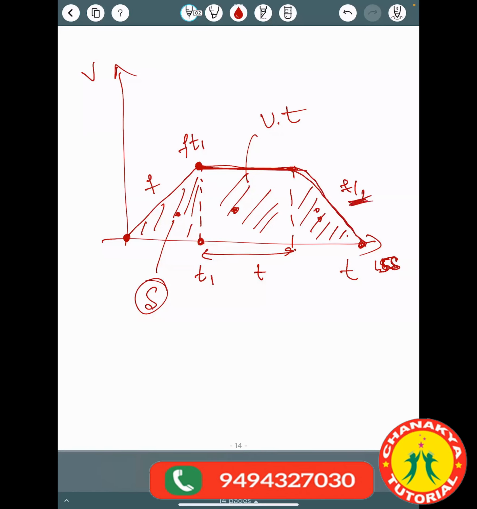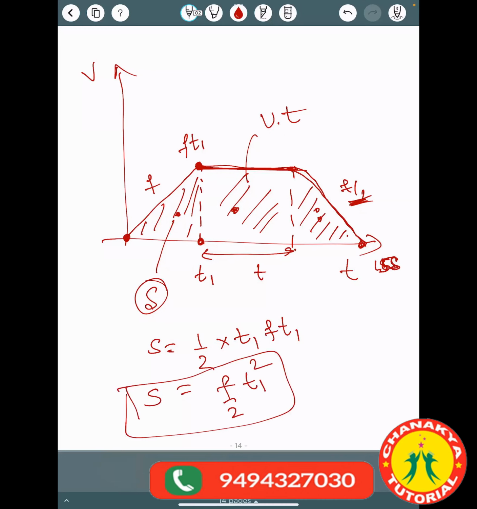F by 2. Now you understood what I'm saying. So can you say that this S is nothing but half into the area of this triangle, half into base t1 and height F times t1? So can I say F by 2 into t1 square? So that is your S.